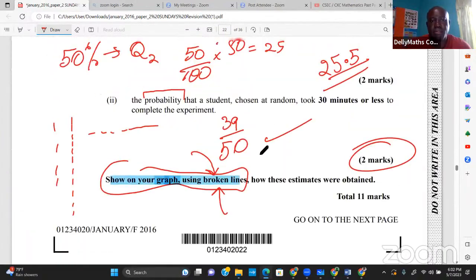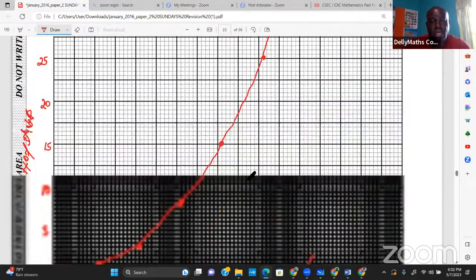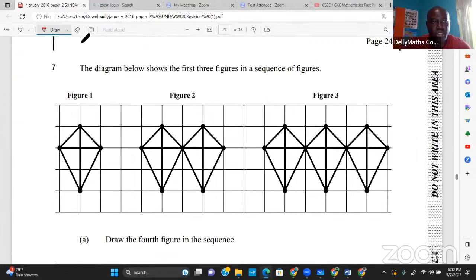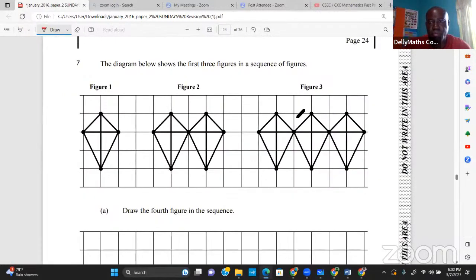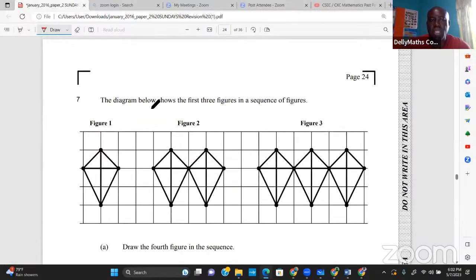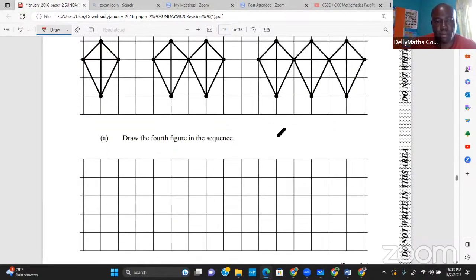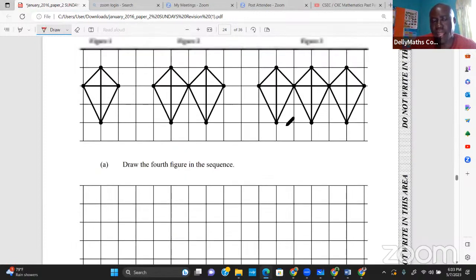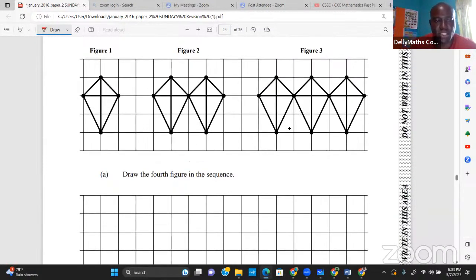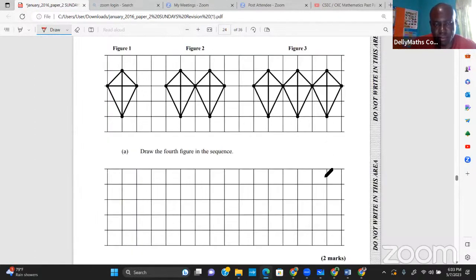All right, there it is. So I guess we're at number 7. We're traveling, soon finish. Number 7, as always, is what we call an observation. So you look, see what the pattern is, and then you produce. I'm using freehand here. It says draw the 4th. Look at it, observe everything, and you want to do yours just like this.